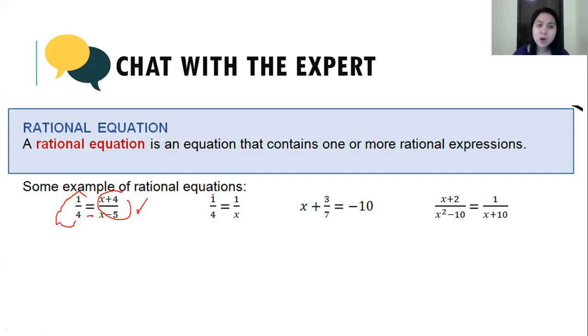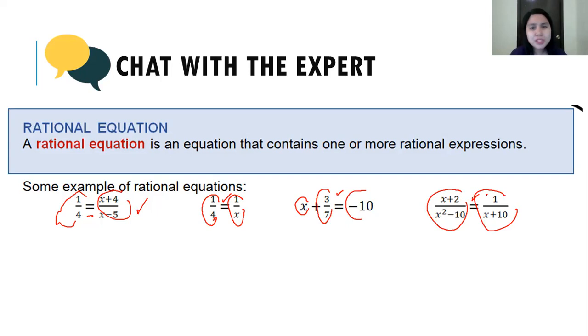The second, only one rational expression on the right and one on the left with an equal sign, it's a rational equation. Or another is, there could be a variable, a rational expression, and an integer on one side. It's still called a rational equation. Or one full rational expression on the left and one full rational expression on the right with an equal sign. This is also called a rational equation.